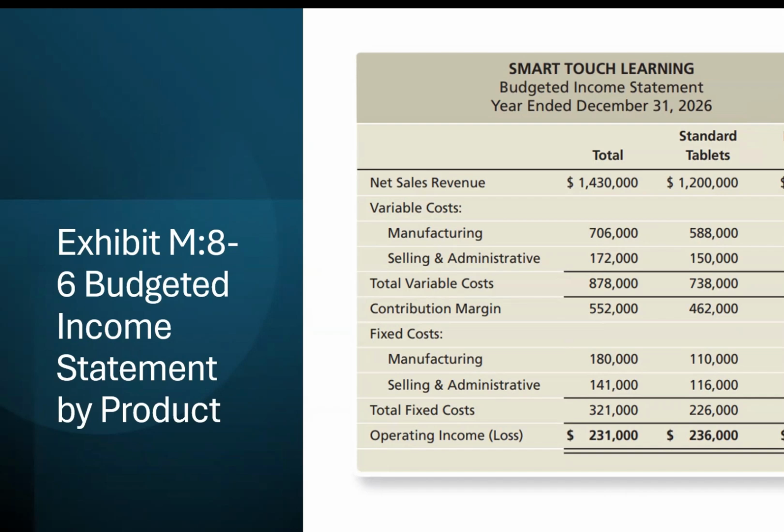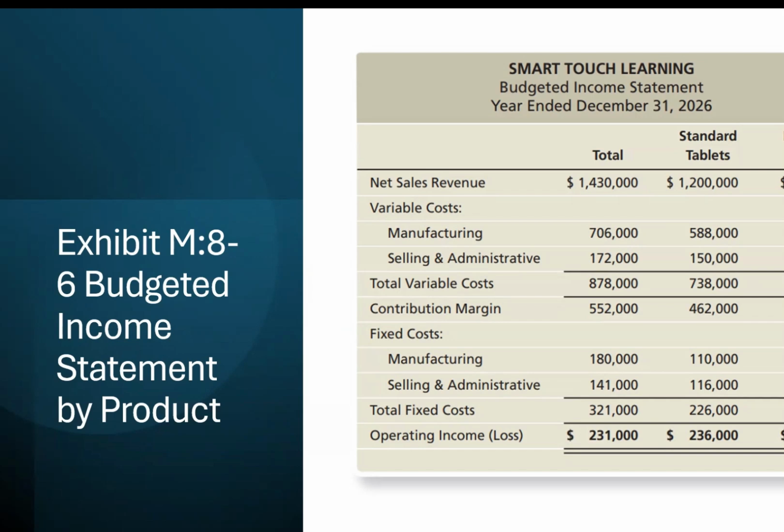So the first question that management should ask is what? Does the product provide a positive contribution margin? That's the first question. Now, if the product has a negative contribution margin, it means the product is not even covering its variable costs, and the company should consider dropping it.